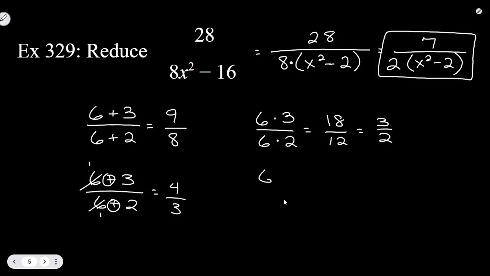And then if you think about canceling them with the multiplication, cancel them to be 1's, you'd have 1 times 3 and 1 times 2. And you can see in that case, they are the same. So it's a very important thing to remember: if you have addition or subtraction, you're not going to be able to cancel. If you have multiplication, you can cancel. So we always have to look for factors, which are things that are multiplied together.